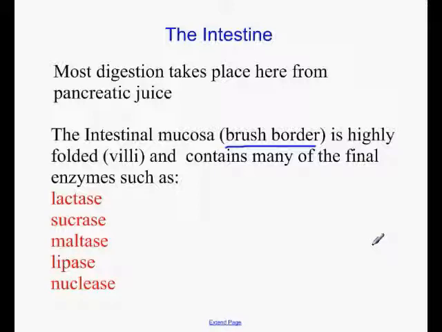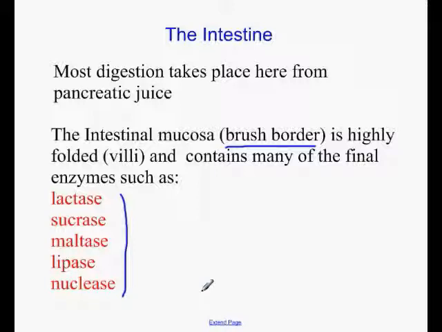And we talked about how membranes actually contain bunches of proteins in them. And a lot of those proteins are, surprise, surprise, actually enzymes. There's tons of enzymes, therefore, in the wall of the small intestine, the brush border. Among them are these enzymes: lactase, sucrase, maltase, lipase, nuclease. And what these guys do is they actually do the final digestion.